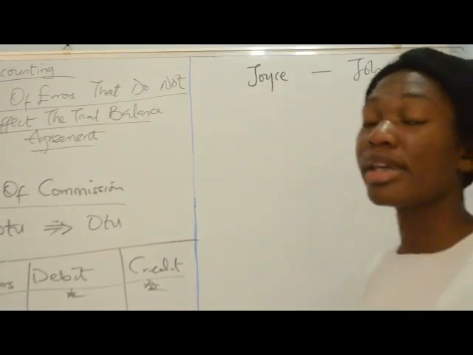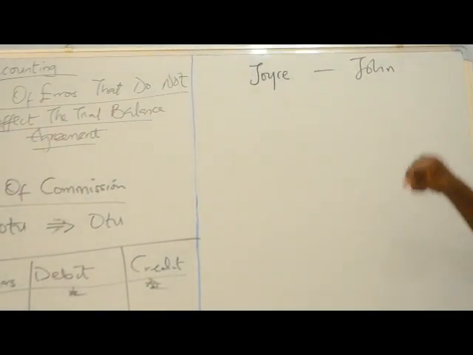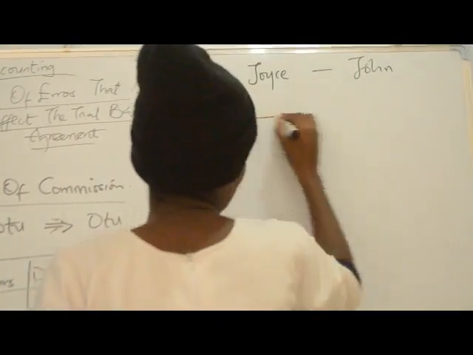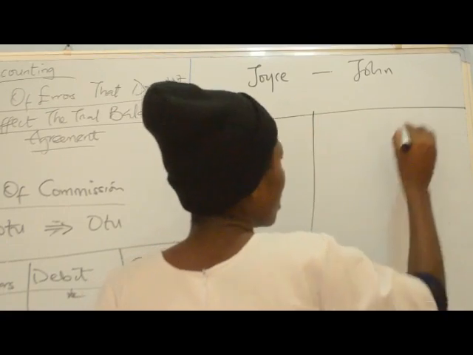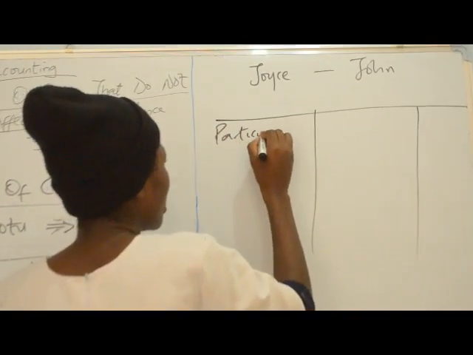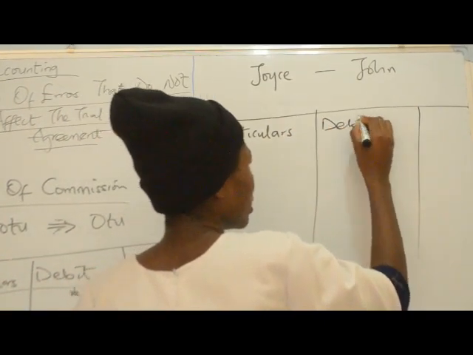In correcting this error, we'll be removing our money from John's account and taking it back to Joyce's account. So using our journal, we have our particulars, debit and credit.